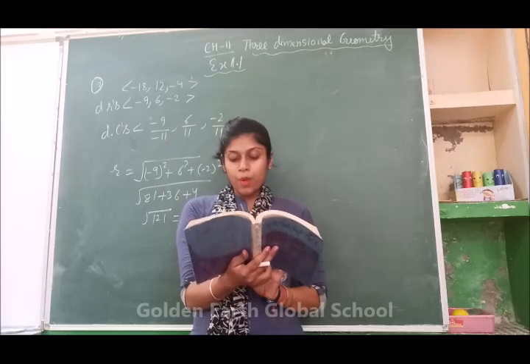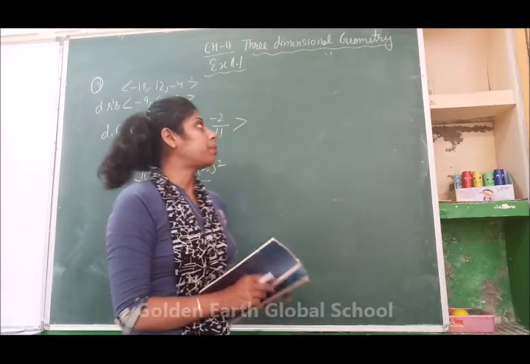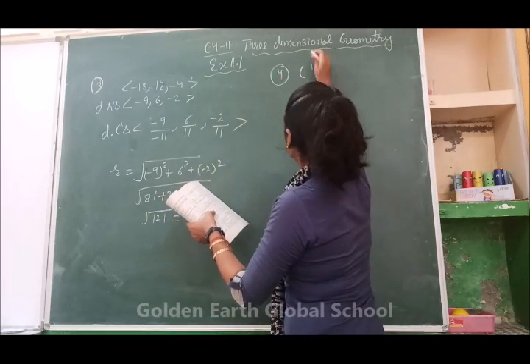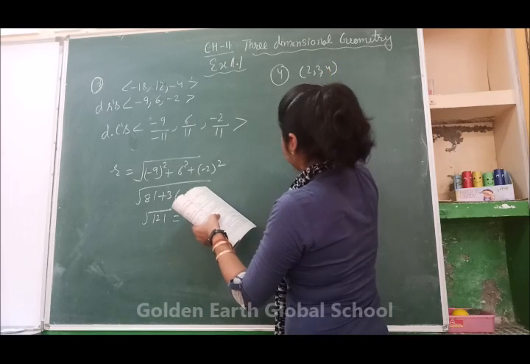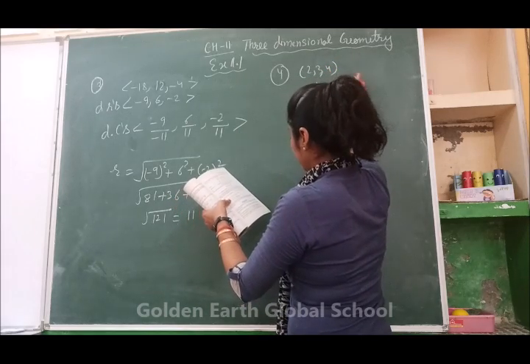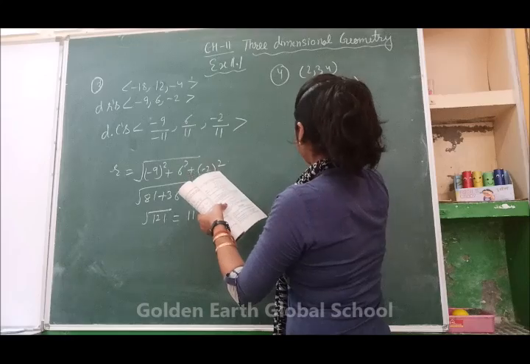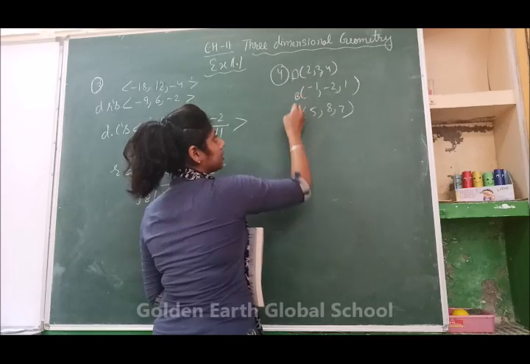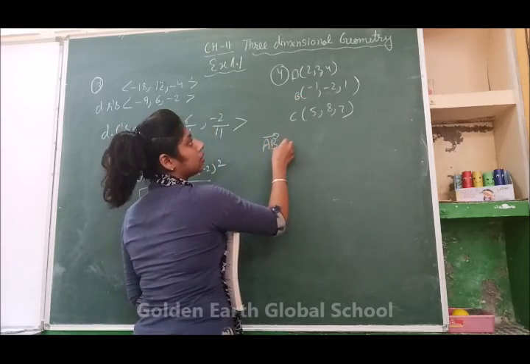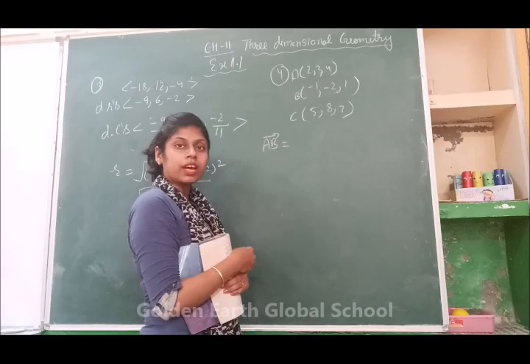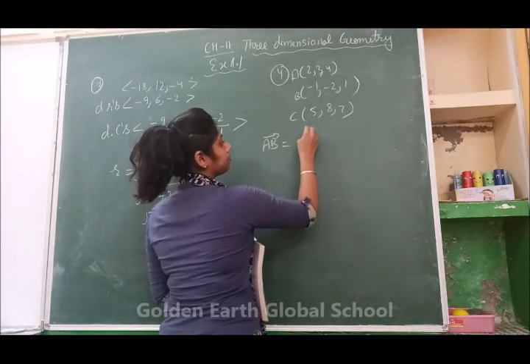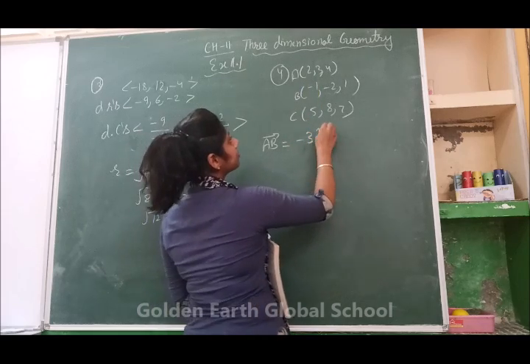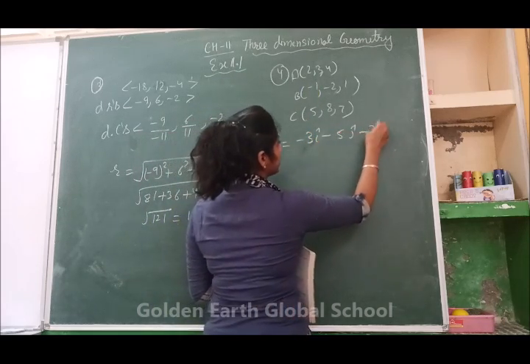Next, show that the points are collinear. What is the property to check that points are collinear? These are the points: 2, 3, 4; minus 1, minus 2, 1; and 5, 8 and 7. Firstly make the vector AB, then BC. AB is the position vector of B minus the position vector of A. So we get minus 3i minus 5j minus 3k.